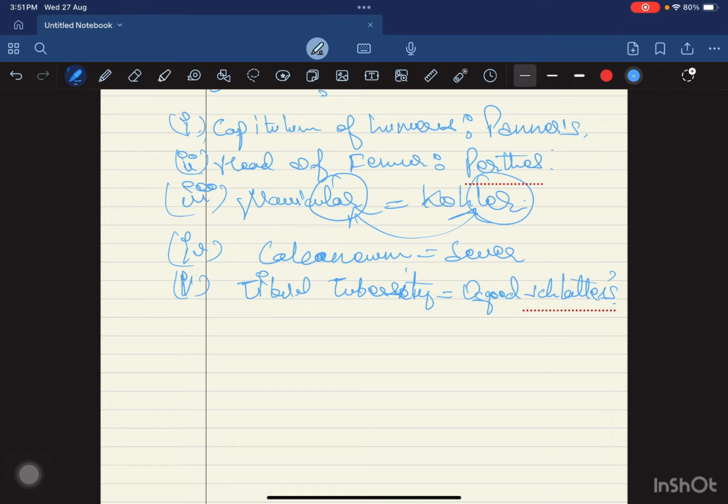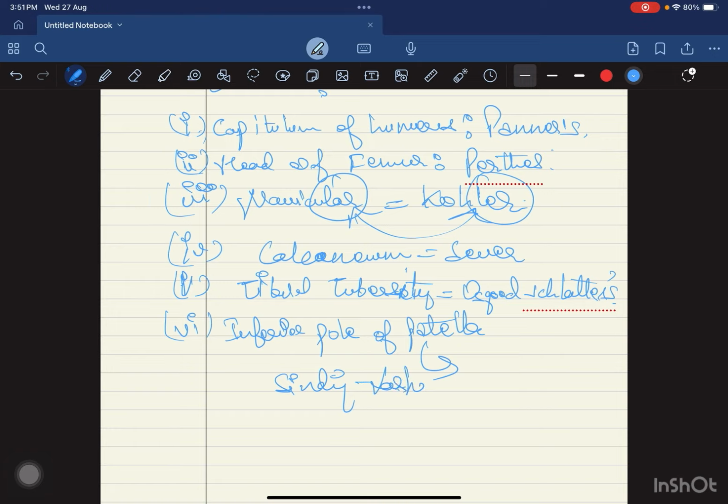Osgood-Schlatter's for the tibial tuberosity. And then for the inferior pole of the patella, we have Sinding-Larsen-Johansson syndrome.